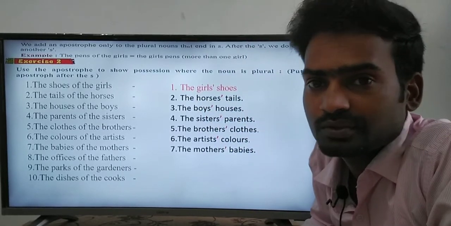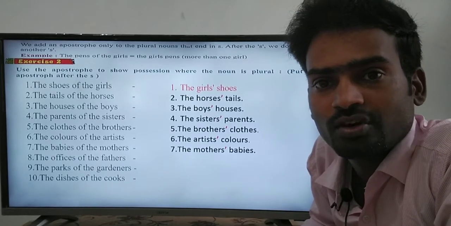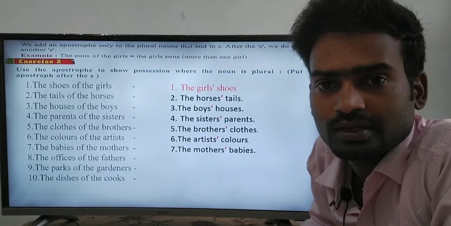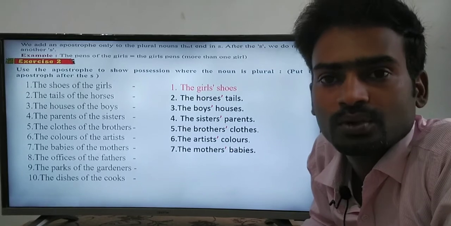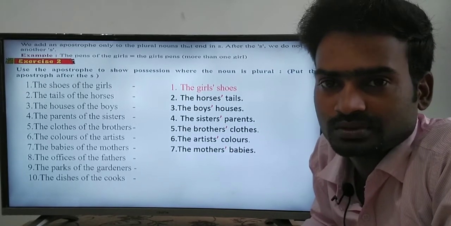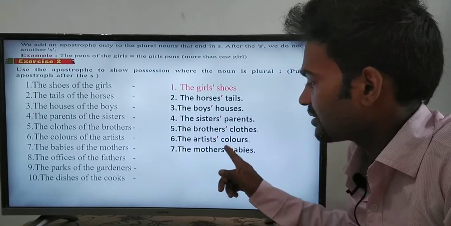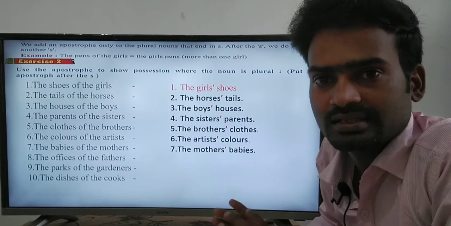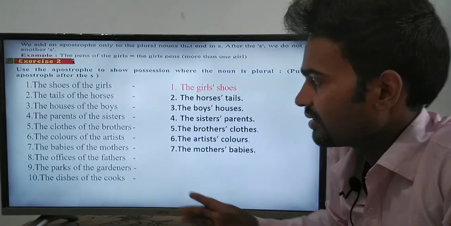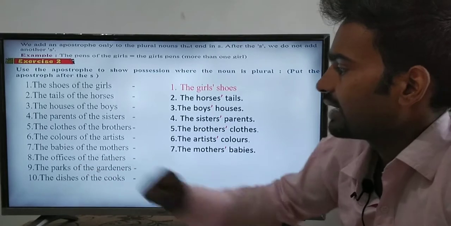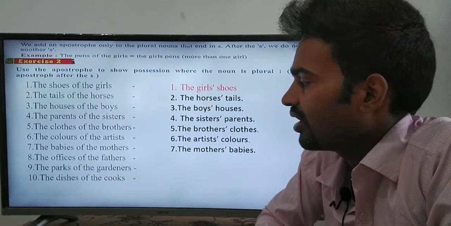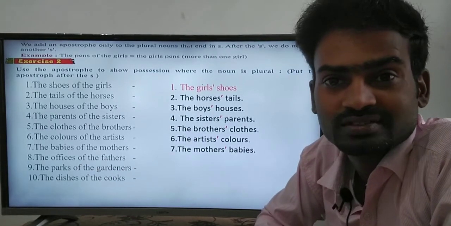We can use it before the s in the singular form, and in the plural noun we cannot. We have to use it after the s only, so that it becomes correct, right? And the eighth one, the offices of the fathers. Whose office?